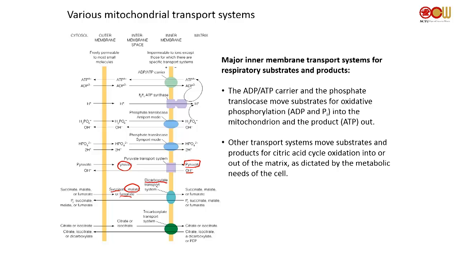We also saw the adenine nucleotide translocase, and ATP synthase can pump protons. So there are quite a few different transporters that transport things in and out of the mitochondria. Make sense?